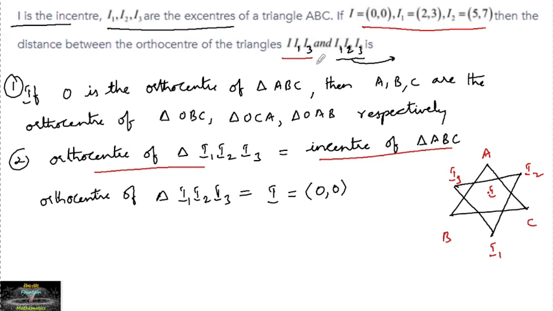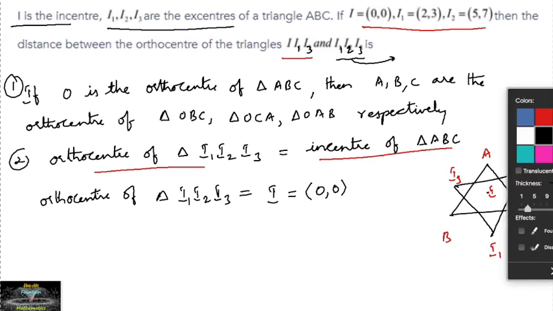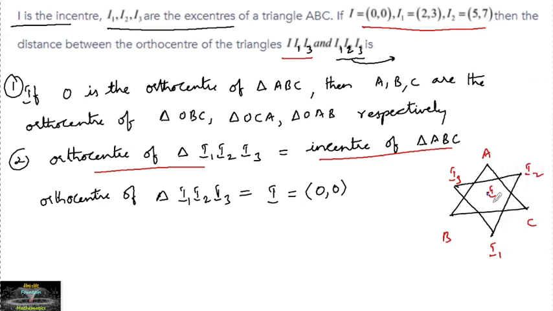And next one, the orthocenter of triangle I1, I3. So here, if I is the orthocenter, then I2 is the orthocenter of triangle I1, I3, and I3 is the orthocenter for I1 and I2, and I1 is the orthocenter for the remaining I3 and I2, right?